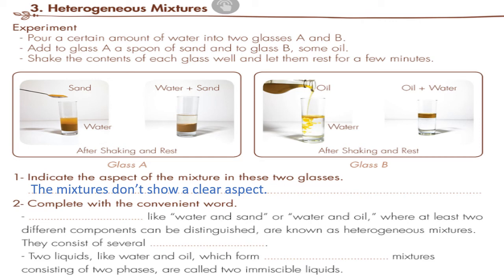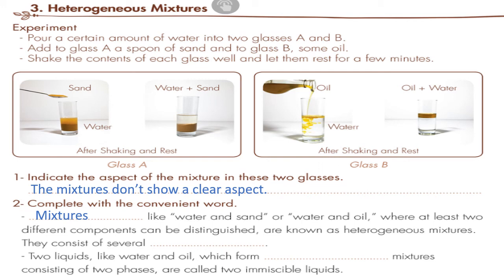Complete with the convenient word. Mixtures like water and sand or water and oil, where at least two different components can be distinguished, are known as heterogeneous mixtures. So, sand and water, oil and water are called heterogeneous because we can distinguish more than one component. We can see the water and the sand.